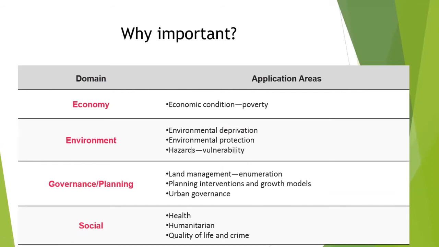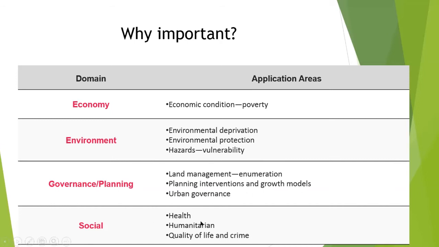The economic condition, the poverty, the environment, like the residential area. What is the environment of the industrial area, is there any land problem, or is there any slum? Also governance planning. If we have a map like that, and they need to develop something in the urban area, the government can take initiative with land management, planning, intervention and growth models, and urban growth.